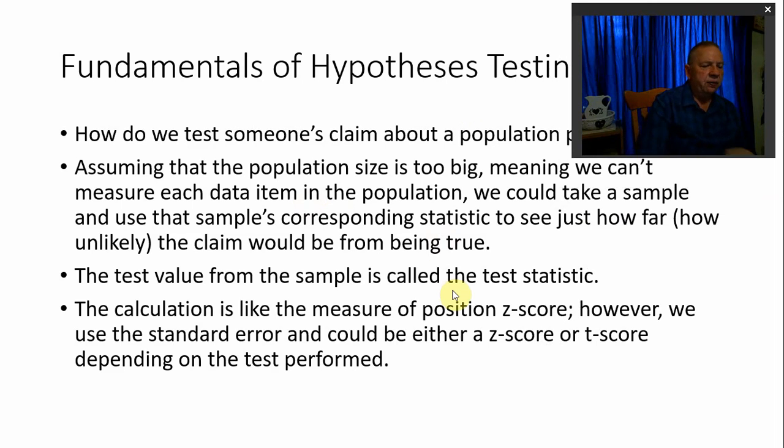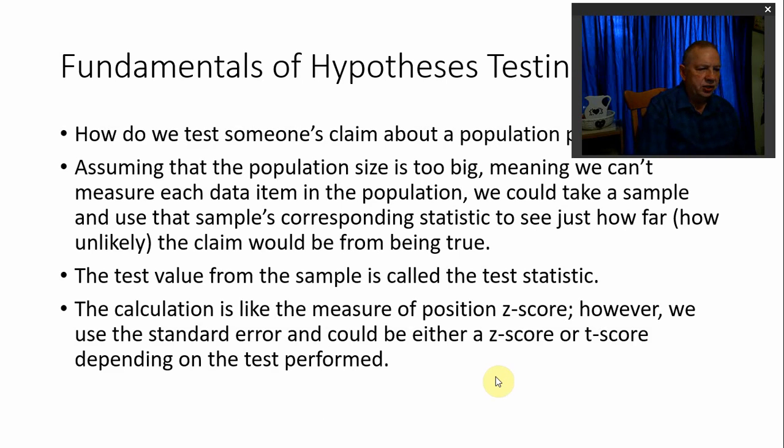The test value from the sample, we call that the test statistic, and depending on which population parameter, the mean or the proportion, we have a different test statistic formula. Just like confidence intervals, it all depends on which information we're given. Usually, if we have information that we can use from the population from some previous study or some other method, then we're going to use that information if we can.